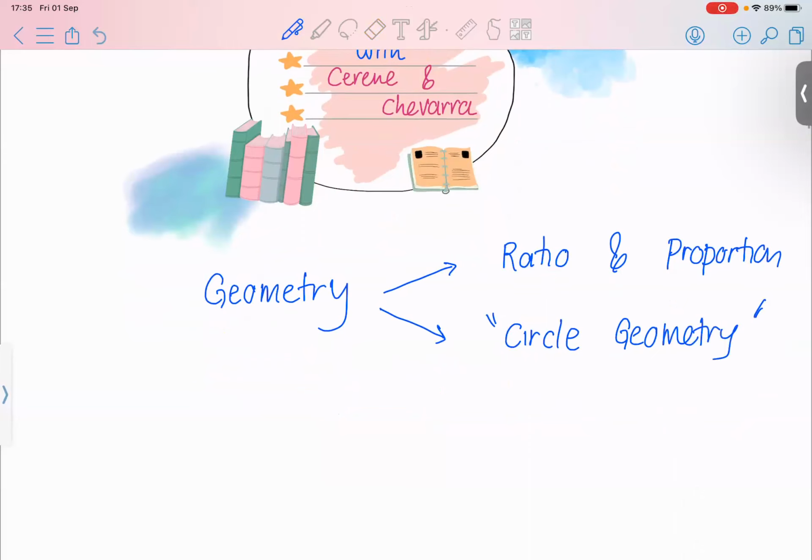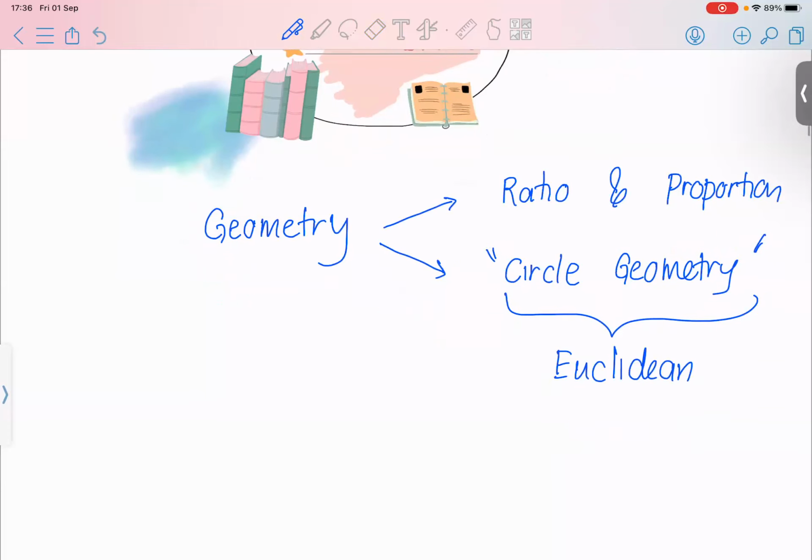But what we're going to end up talking about is all of this is going to fall into the Euclidean geometry theme that you would have focused on, since I think that was introduced to you from grade 11 onwards. I stand to be corrected. Right, so we will focus a bit on that.